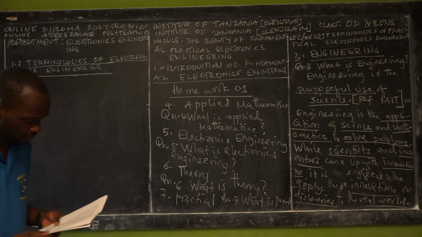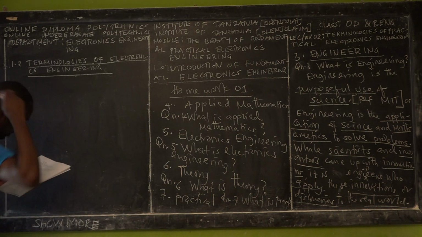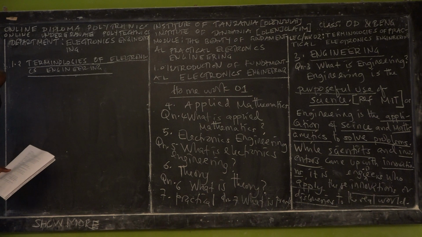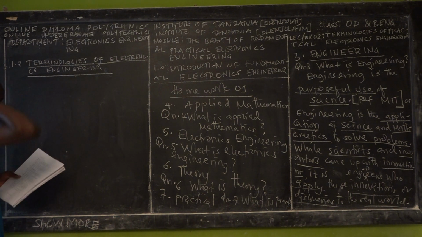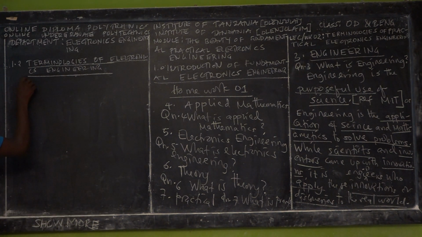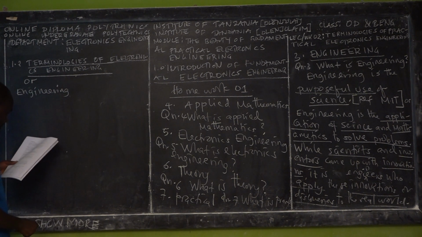So I still have a few definitions that I want to share with you that can strengthen your understanding. So you can also define the terminology engineering. Each definition emphasizes something.